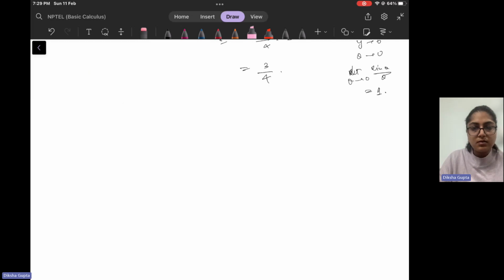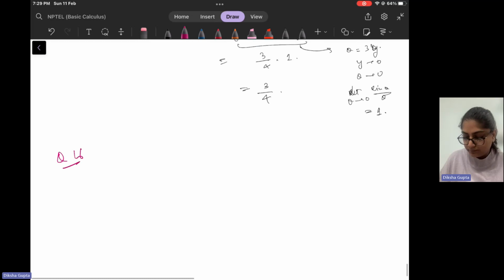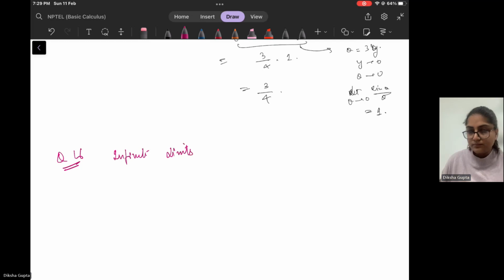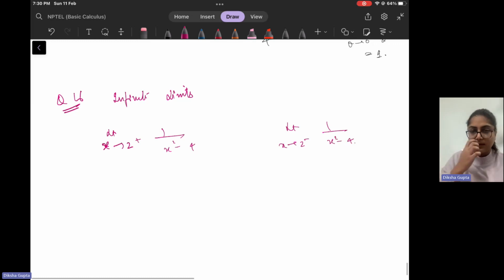Now one question on infinite limits. You have limit x tending to 2 plus 1 upon x square minus 4, and limit x tending to 2 minus 1 upon x square minus 4.